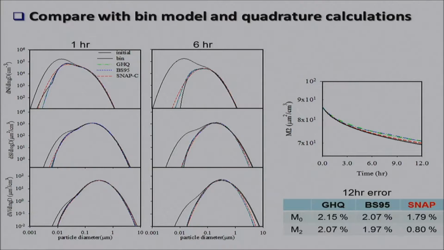The dark line here is calculated with the bin model, which is supposed to be the most accurate, so we use that as the truth. You can see that our scheme produces results very close to the bin scheme, with less than 2% error. It's slightly better than the scheme in CMAQ.